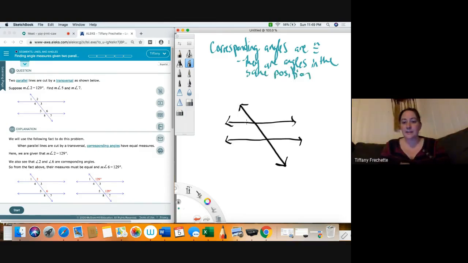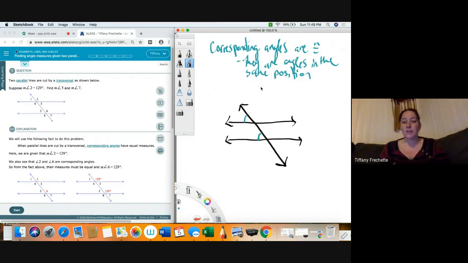And what I mean by that is if I grab this one that's on the top, so it's on the top of this first parallel line, and it's to the left of the transversal. Well, if I go to the other parallel line, and I'm on top of it, and I'm to the left of the transversal, then this is a corresponding angle because it's in the same position on both parallel lines. So by position, basically I mean the same position on the parallel lines.